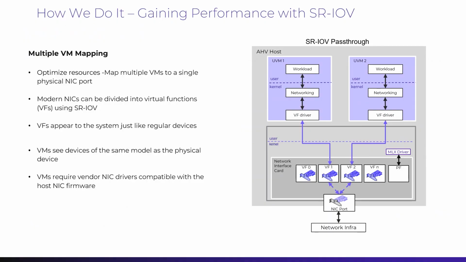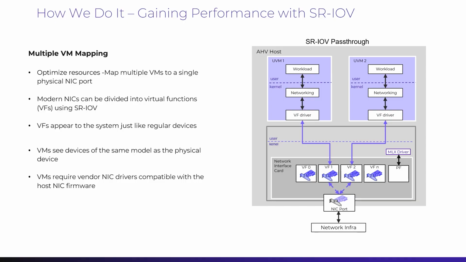Modern NICs can be divided into what are known as virtual functions using technologies like SR-IOV. Virtual functions appear to the system just like regular devices and can be directly assigned to different virtual machines using standard device pass-through technology. VMs attached to virtual functions require vendor drivers for the NIC being used.